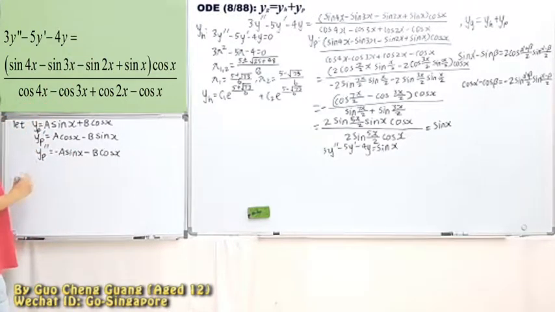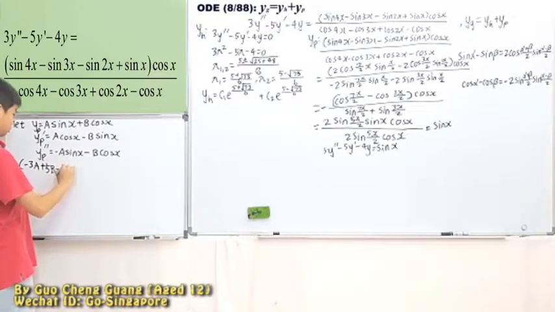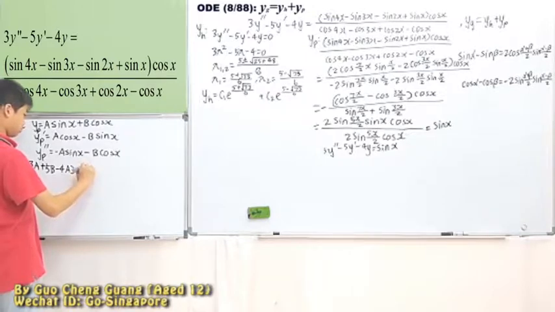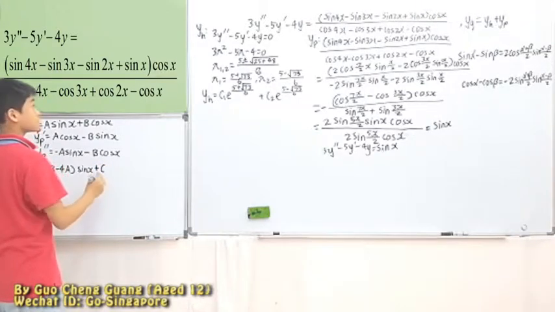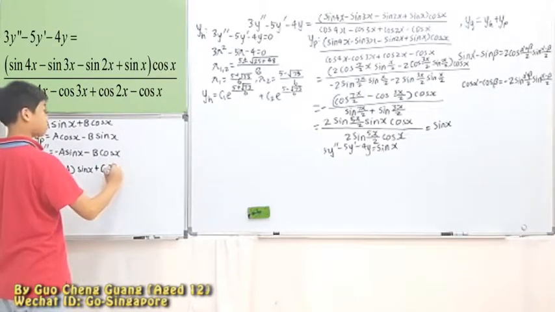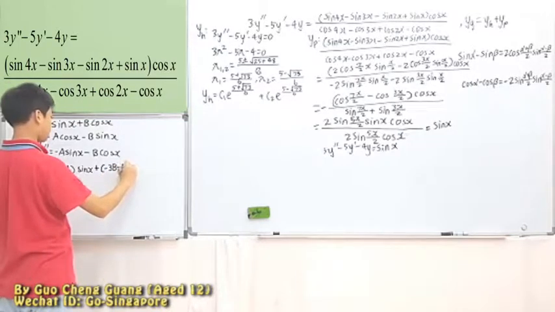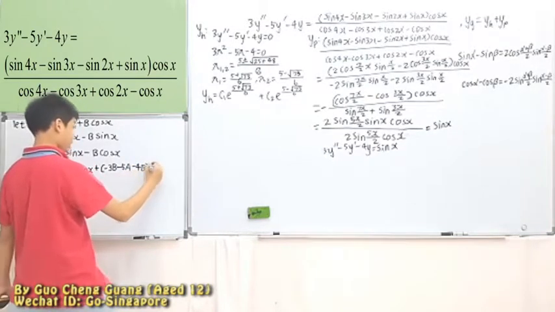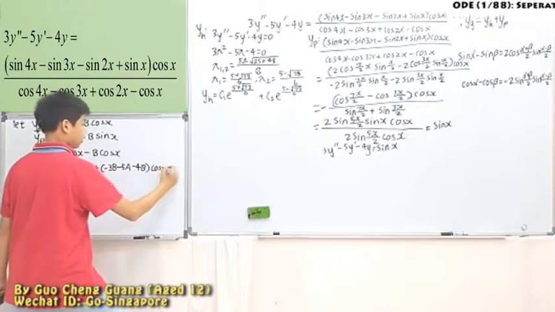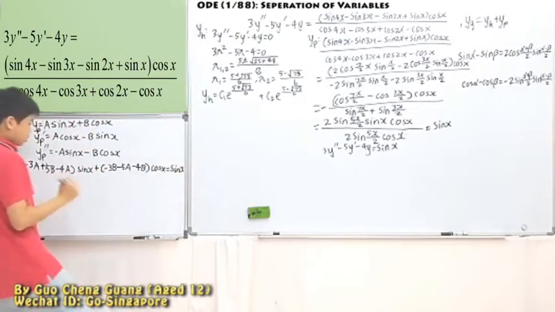Sum them all back, but regroup at the same time. So that means it is just like this.